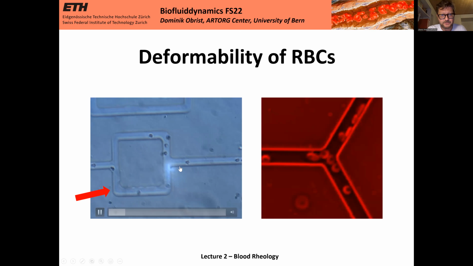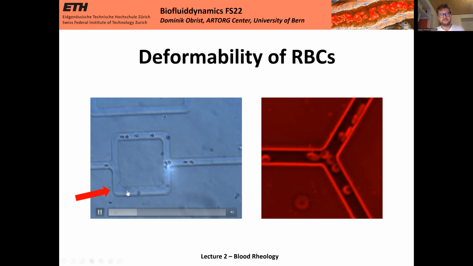If you look close enough, these are actually echinocytes. Now you see this spiky structure. They do not have the nice round shape of a healthy red blood cell. This is an experiment where the red blood cells were under stress, did not feel well. That's why they created these spiky structures.